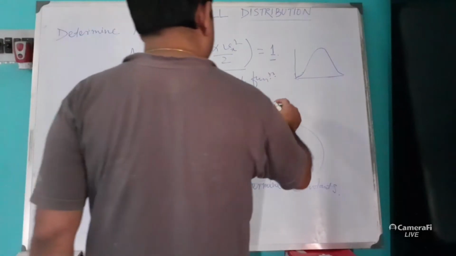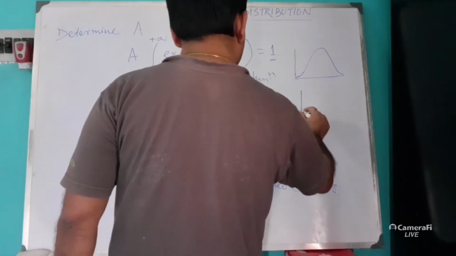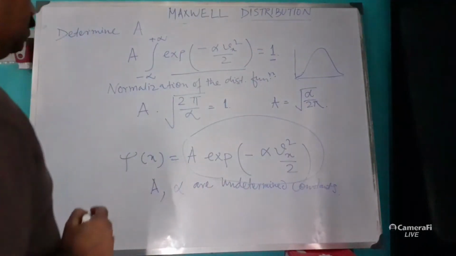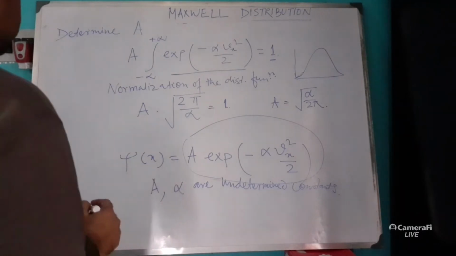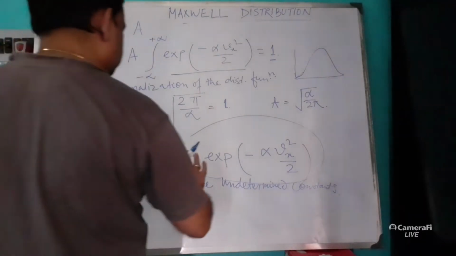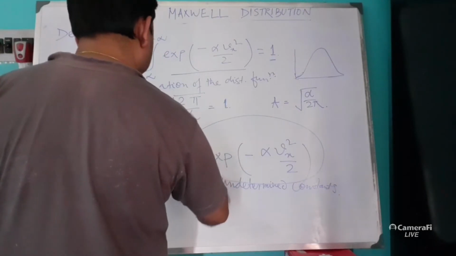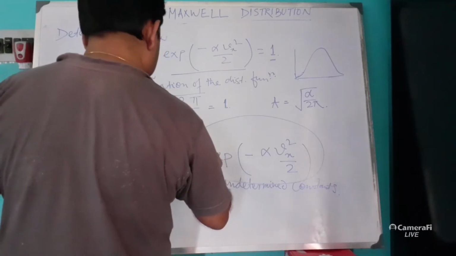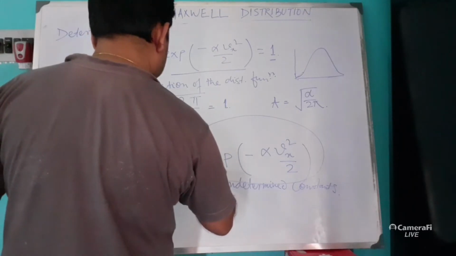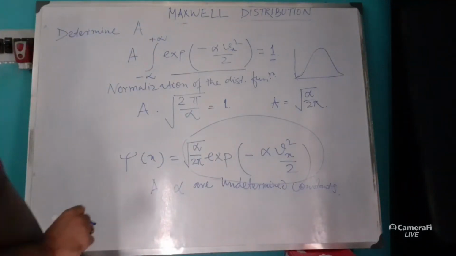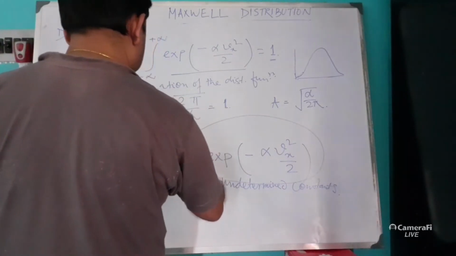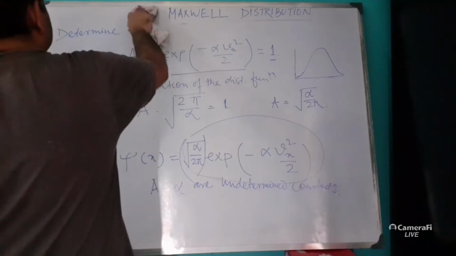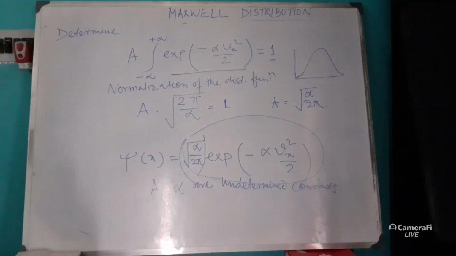So hence a is equal to root over alpha by 2 pi. So our phi equation now reduces to, replacing a by root over alpha by 2 pi. Now we have to determine another constant, which is alpha.